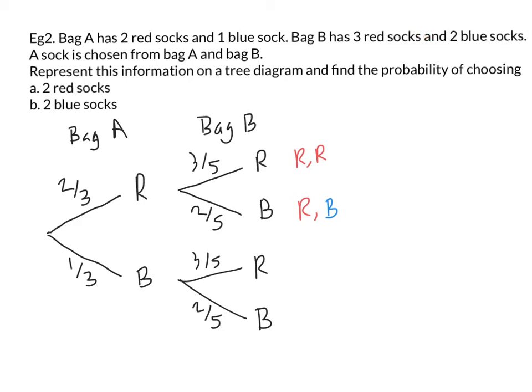So we can get a blue sock if we follow this branch here, and then a red sock out of the second bag. And then if we finish that off, we've got a blue one and then another blue one. So 2 blue socks is that final branch. So there's 4 things that can happen. You get red, red, red, blue, blue, red, blue, blue.